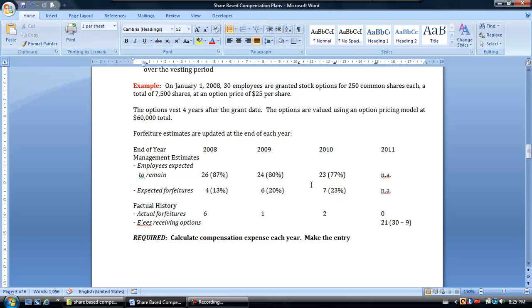They'd be fully vested at the end of 2011. So whoever's there is there.